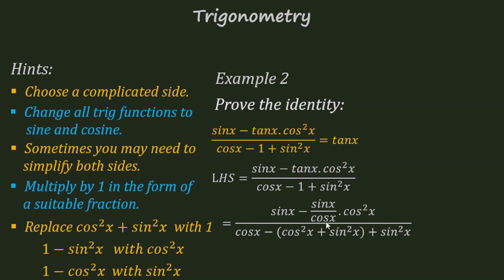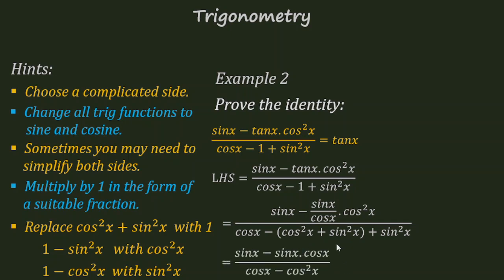We have tan x there, we change it into sine x over cos x. In the denominator, we had minus 1. But if we turn this minus 1 into cos squared x plus sine squared x, some terms here can cancel out. So we actually changed minus 1 into minus cos squared x plus sine squared x.